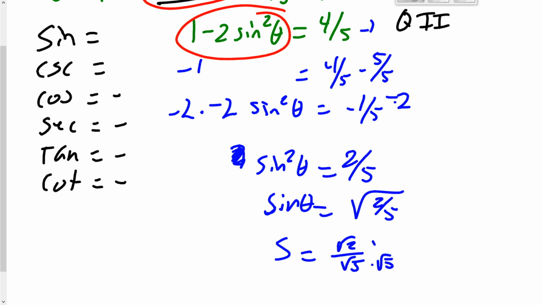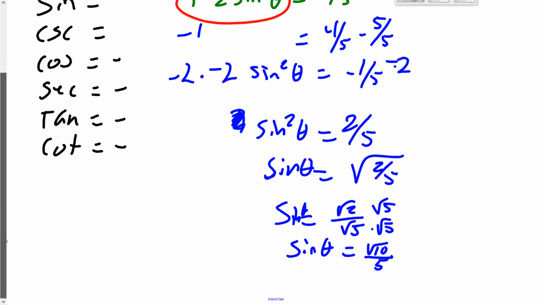Rationalize the denominator. We get sine of theta equals square root of 10 over 5. Okay, so then we have found sine of theta.